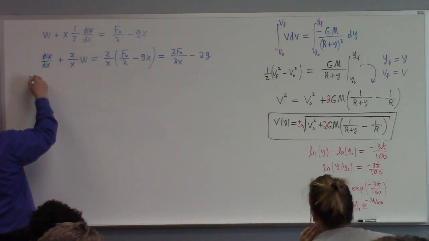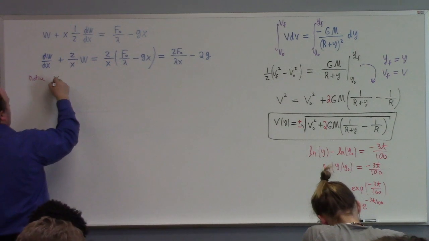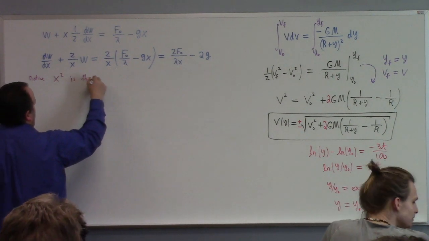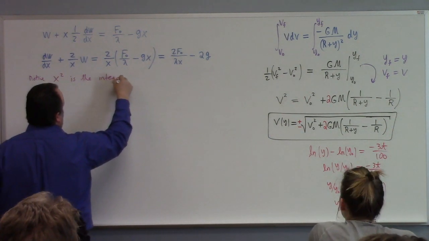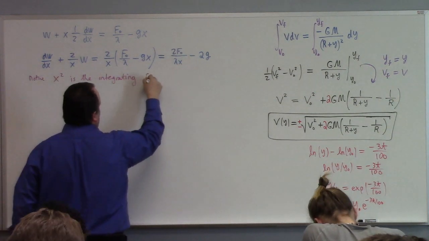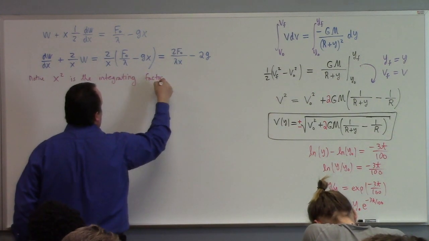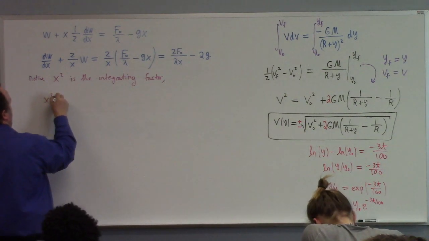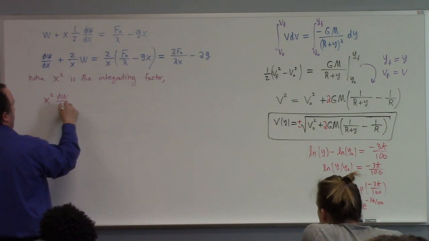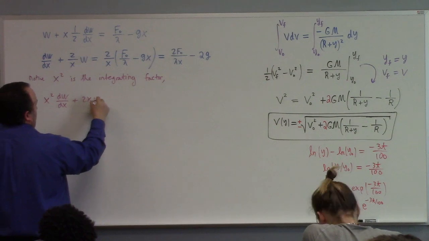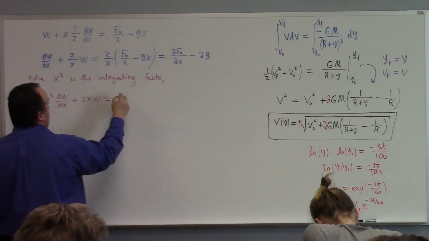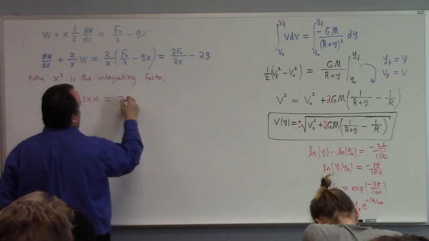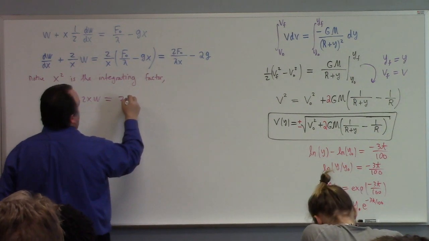So notice, x squared is the integrating factor. So if we do x squared times dw/dx plus 2xw is equal to, well, multiply by x squared here.